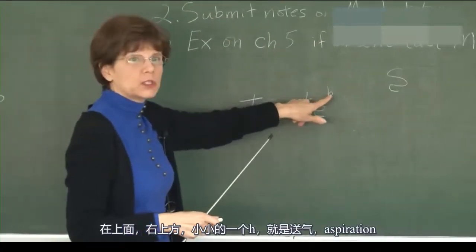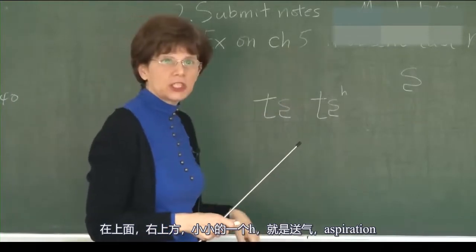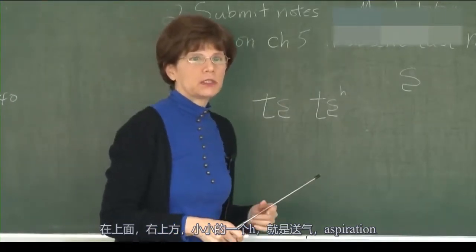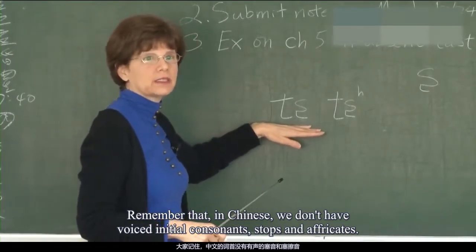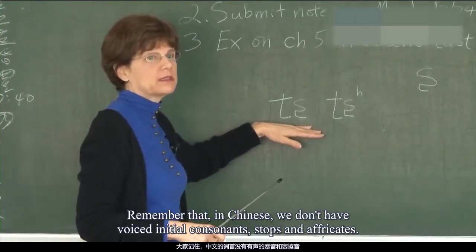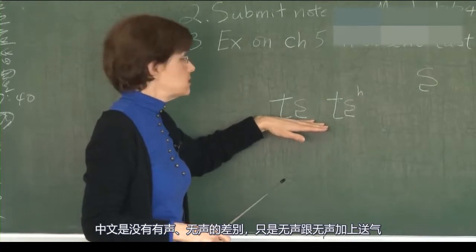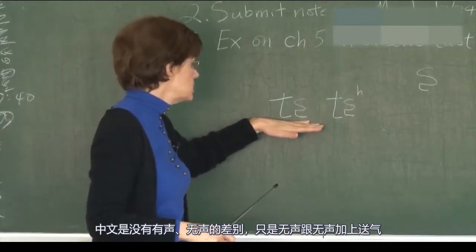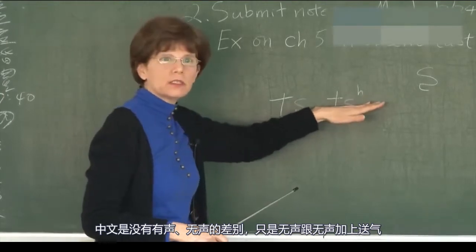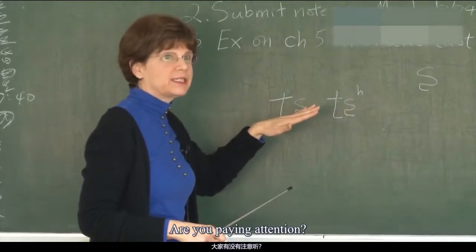在上面右上方小小的一个 h 就是送气 aspiration. Remember that in Chinese we don't have voiced initial consonants, stops, and affricates. 中文是没有有声无声的差别，只是无声跟无声加上送气。Are you paying attention? This is really important.